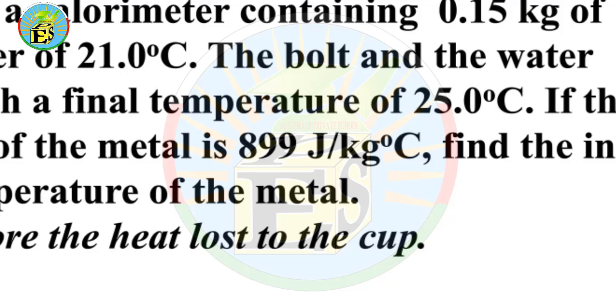If the specific heat of the metal is 999 joules per kilogram Celsius, find the initial temperature of the metal. We also know the specific heat capacity of water. By substituting in the relation m c delta T1 equals m c delta T2, we calculate the initial temperature. It will be equal to 81 Celsius.